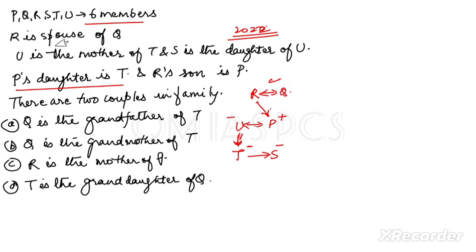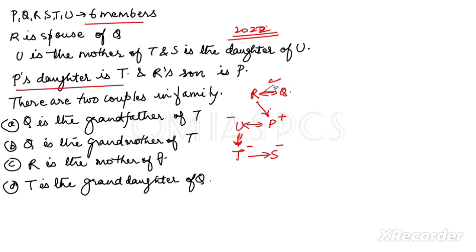Is it clear? It is given that R is a spouse of Q, and here it is given that R's son is P. But there is nothing about who is father or who is mother, who is female or who is male.